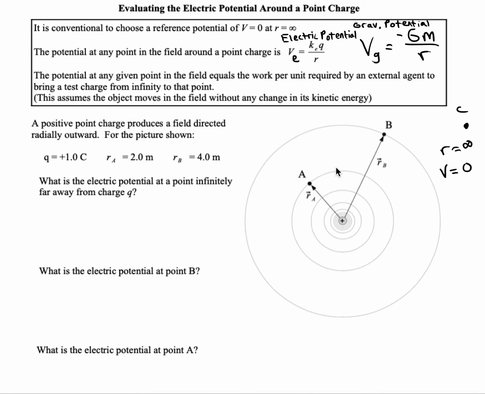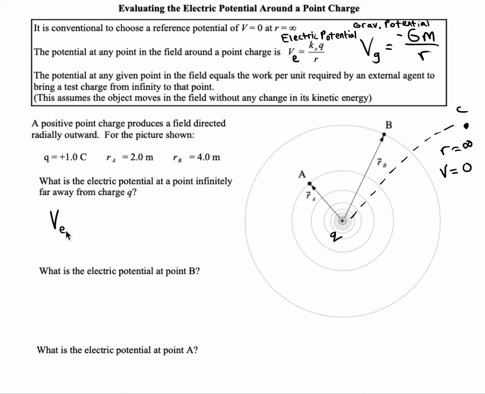All right, now that we have that understanding, let's just do an example problem here. What is the electric potential at a point infinitely far away from charge Q? That would be the potential at C, and I had already answered that one.